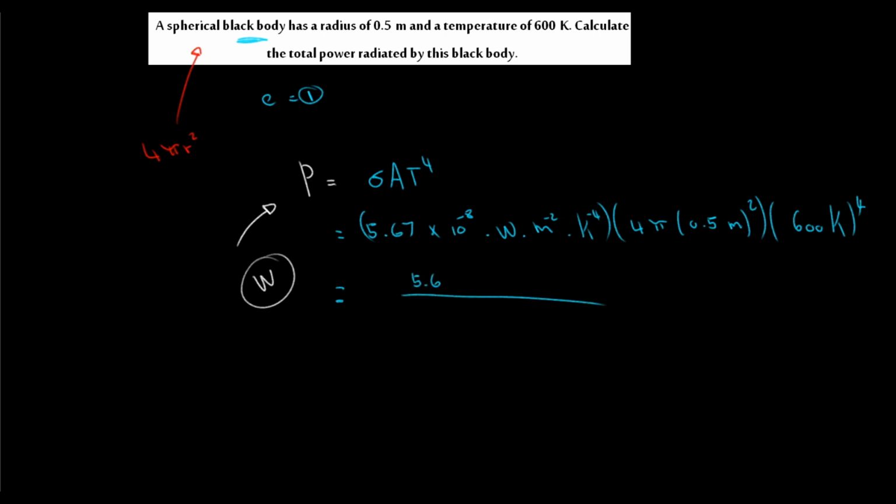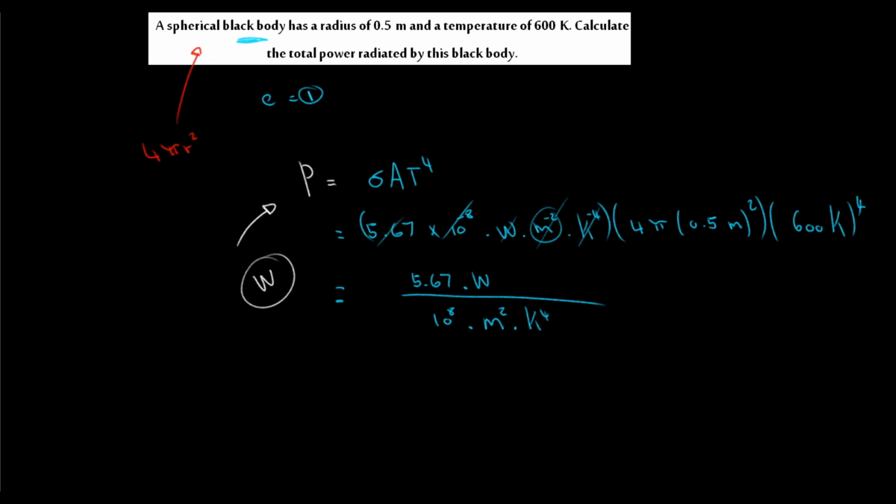So we have 5.67. This I'm going to move to the numerator to create a positive exponent. So 10 to the power of 8, we're going to multiply with watts. I'm going to do the same thing here, move from numerator to denominator, vice versa. K to the 4. Okay, so that's used, and used.